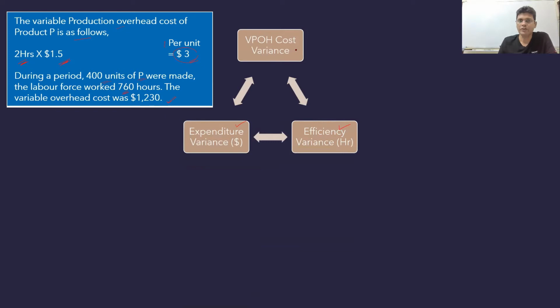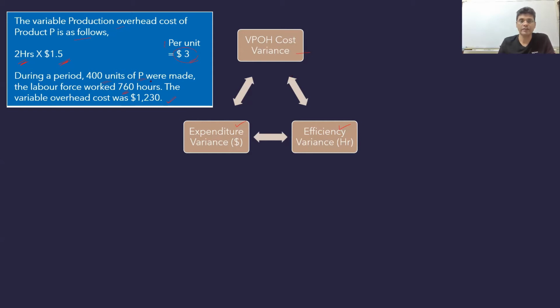So how do you calculate the variable production overhead total variance? Like how we calculated direct material total variance and direct labor total variance, likewise you have to apply the same calculation, which is the difference between your planned overhead cost and the actually incurred overhead cost.